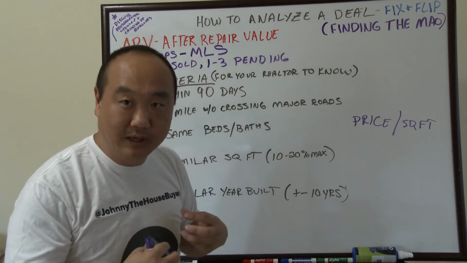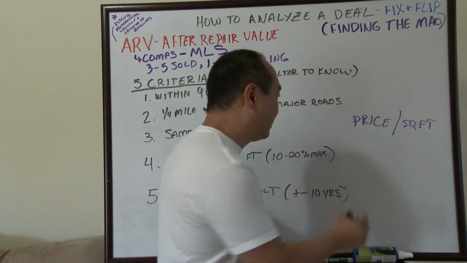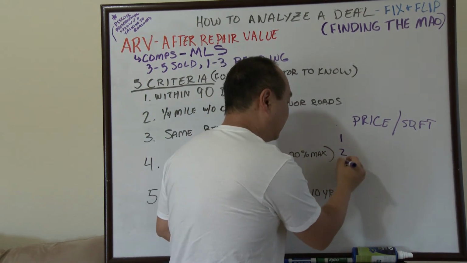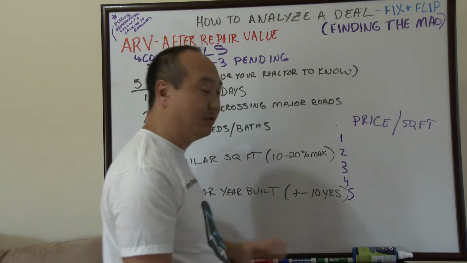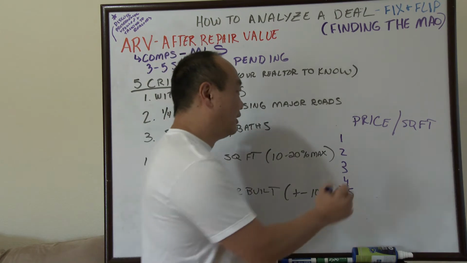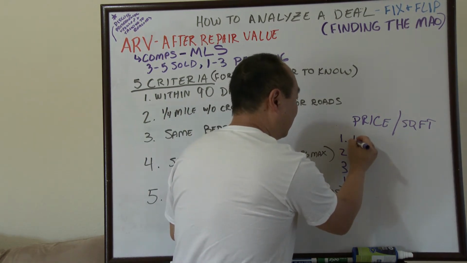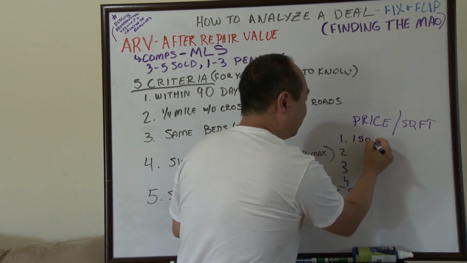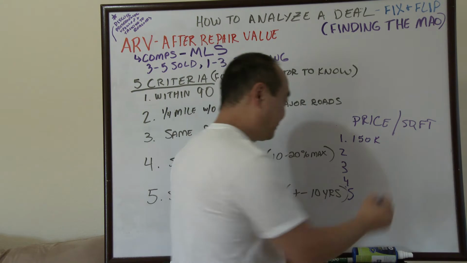Once we get the comps back, we look at the price they were sold for. These are the 5 comps that we get back. They might give more, they might give less, but we're going to say 5 comps. The first house sold for $150,000, and it was 1,000 square foot.